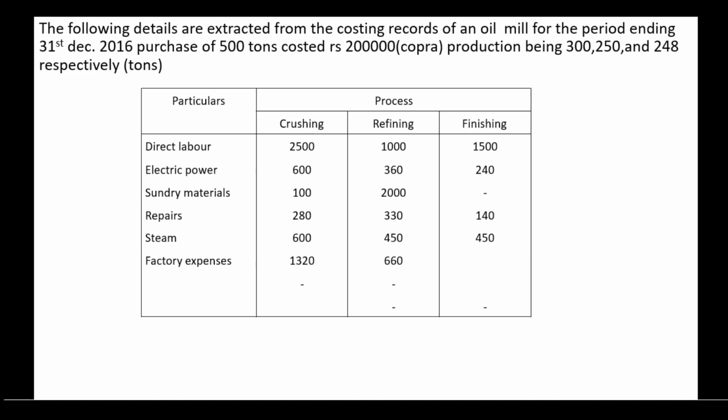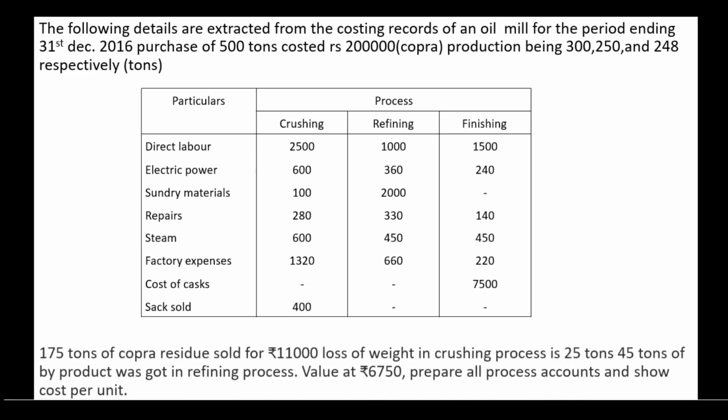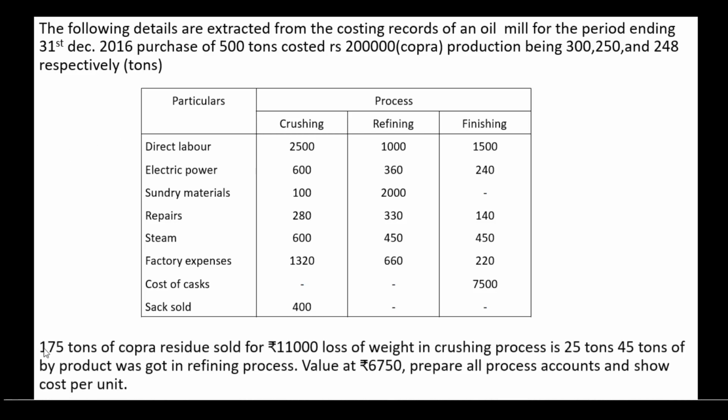Factory expenses 1320, 660, 220. Cost of cask for the finishing process 7500. Sack sold for crushing 400. 175 tons of copra residue sold for rupees 11,000.